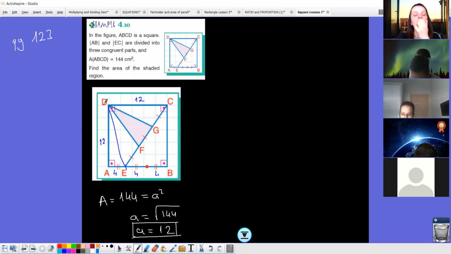Can I find the area of this triangle DEC somehow? What do you think?